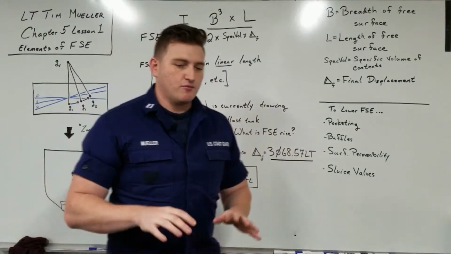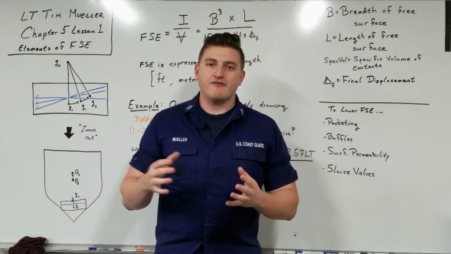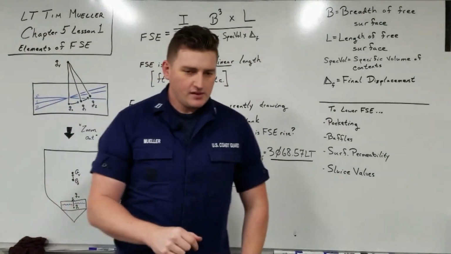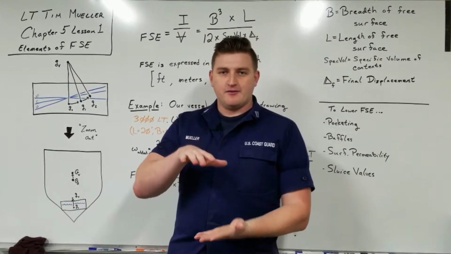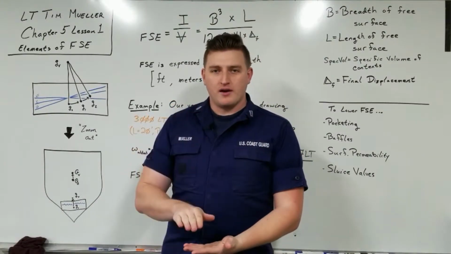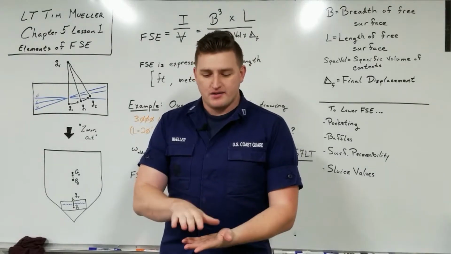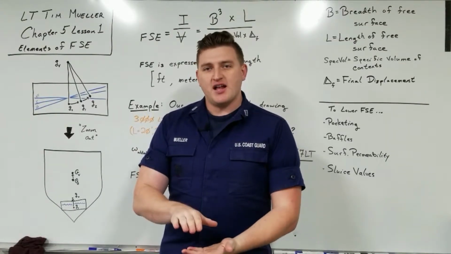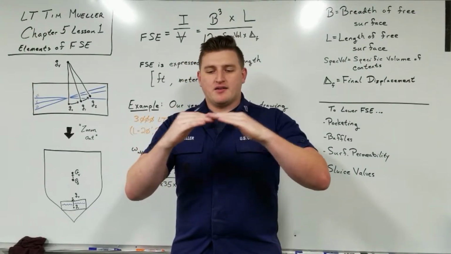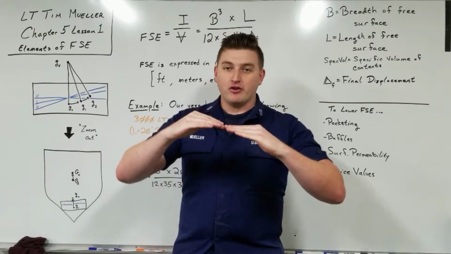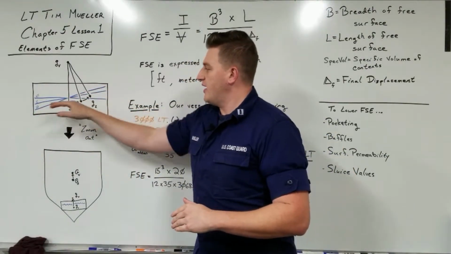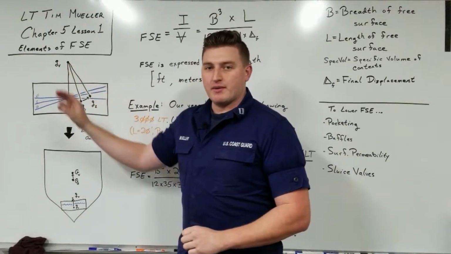Pocketing. We talked about the width being a very serious factor in the free surface effect, being cubed. If you fill a tank to, say, 95%, which is called deep pocketing, or if you take contents out of it, so there's only a little bit left, which is called shallow pocketing, when the ship tilts over a little bit, that free surface will go from a full width of the tank that we see here, or even longer than the actual width, and it'll actually pocket to one point.